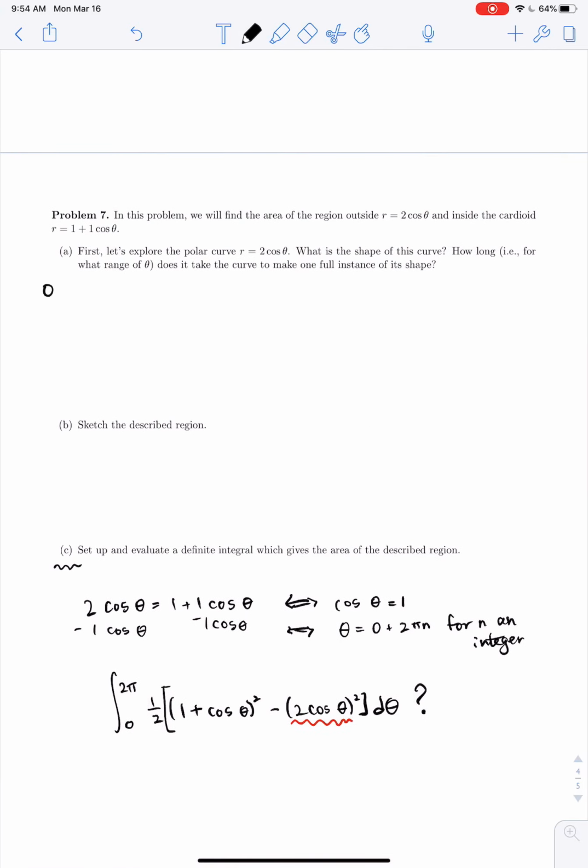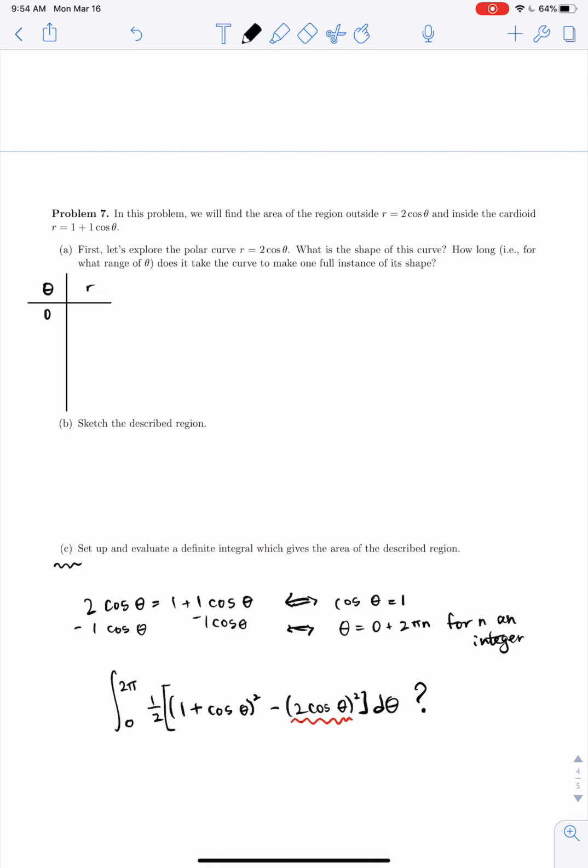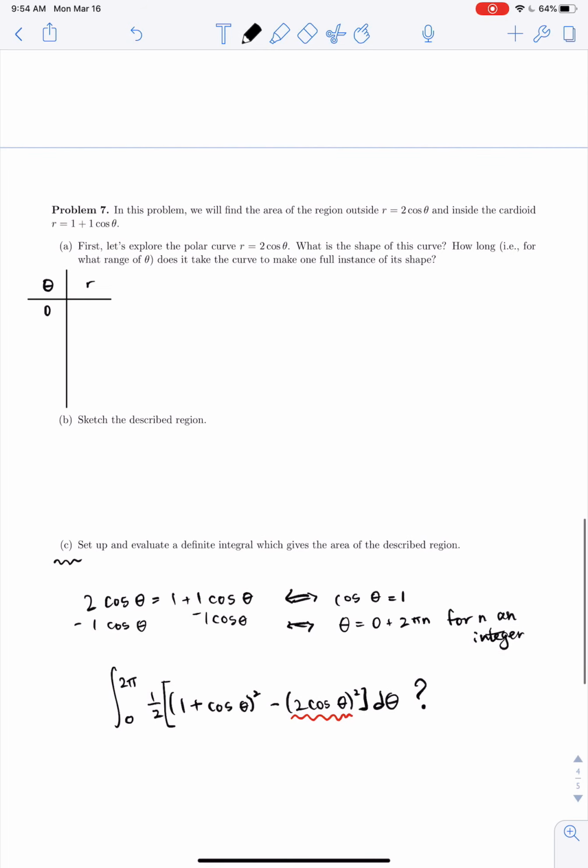So if we look at the polar curve r equals 2 cosine of theta, if we start at 0, cosine of 0 is 1, so that's 2. If we look at pi over 4, well, 2 cosine of pi over 4, cosine of pi over 4 is root 2 over 2, right?